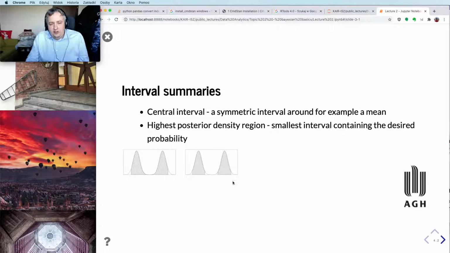And the worst case in interval summary is that there can even be disjoint intervals, where two intervals give you the entire probability. So all summaries have their flaws.